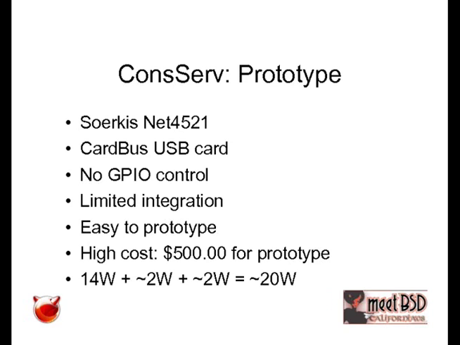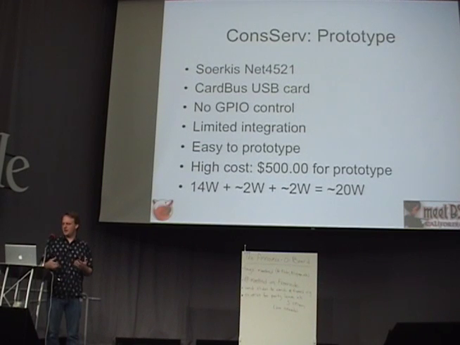I had my prototype. I was able to use NanoBSD to create a compact flash image that I would boot. It was fairly easy to pull all this together, but the individual components of the hardware that I needed to do this were about $500 off the shelf, so it was kind of expensive, and it used about 20 watts of power.